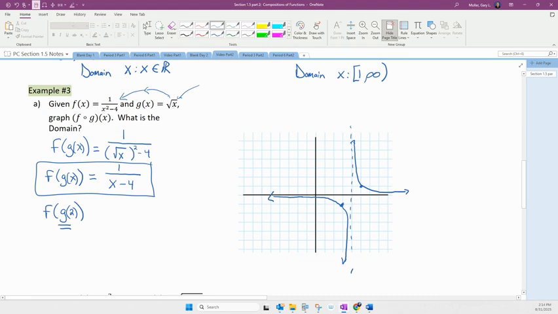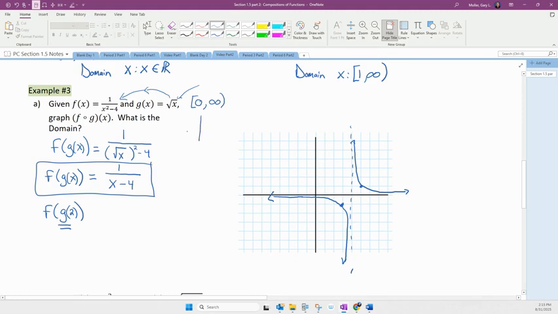Even though once it gets in here, that imaginary number gets squared and sort of gets resolved, I still can't consider those negative numbers. So my domain should be all real numbers greater than or equal to 0. So this domain, the only numbers I can plug into this are from 0 to infinity.